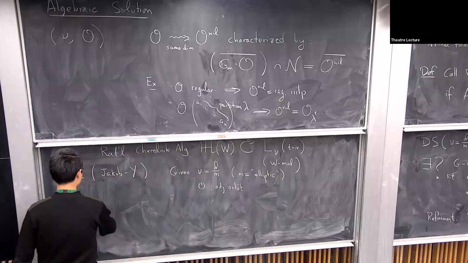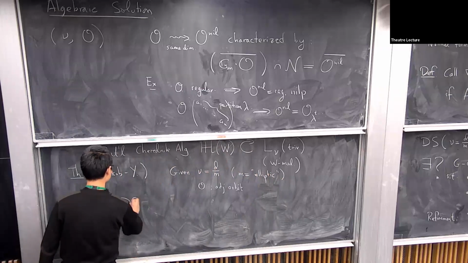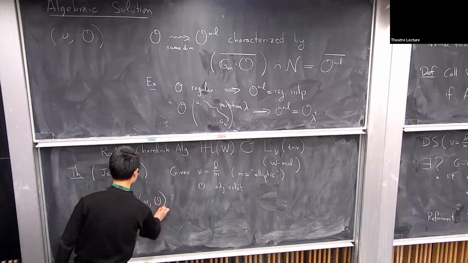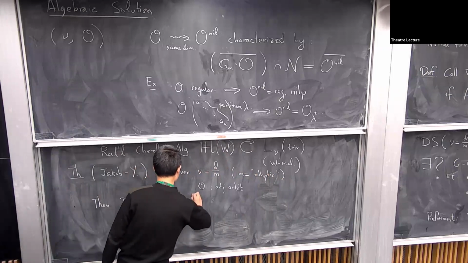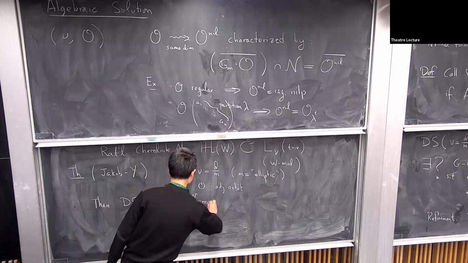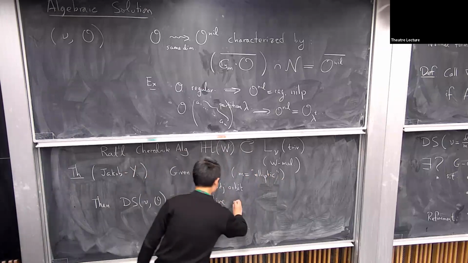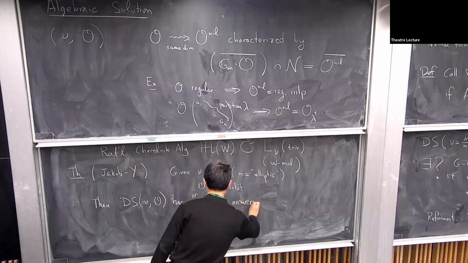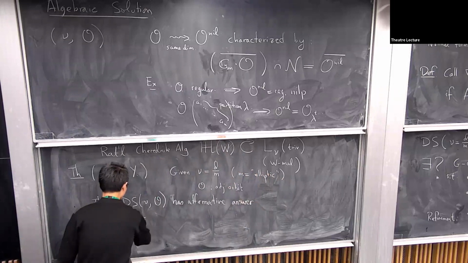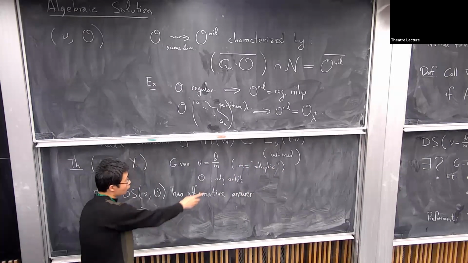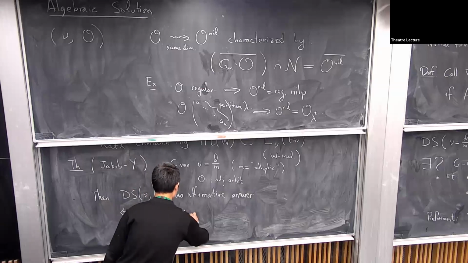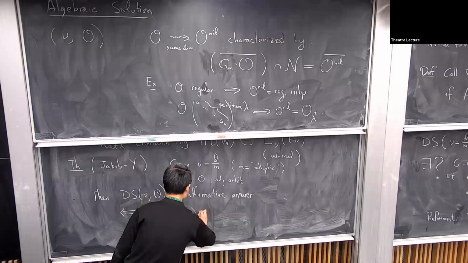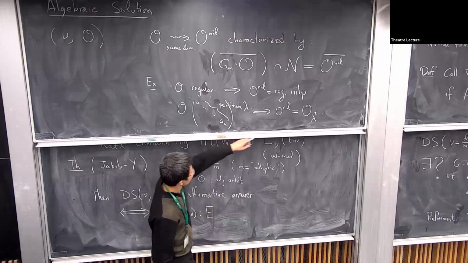Then Deligne-Simpson for the slope nu and this adjoint orbit has an affirmative answer. Namely, there exists such a connection if and only if, as a Weyl group module, L nu triv contains the Springer representation attached to this nilpotent orbit.